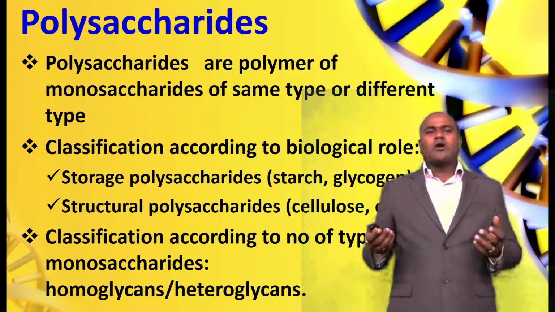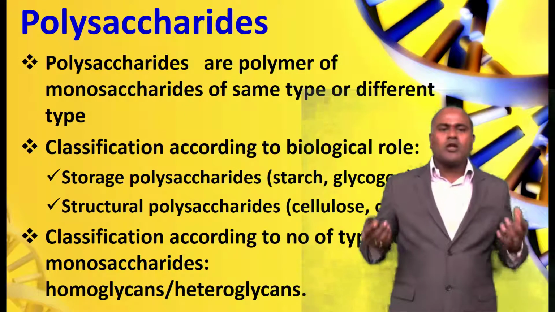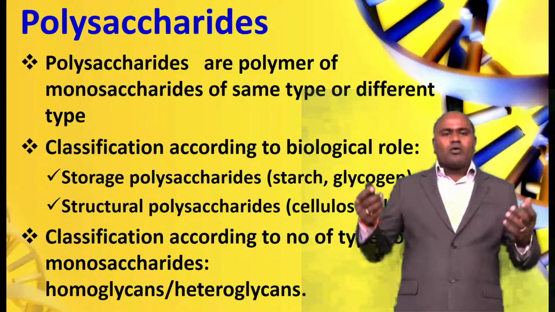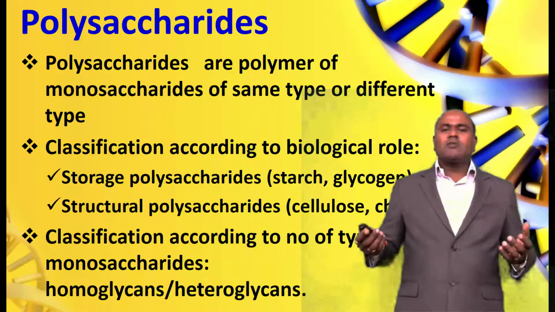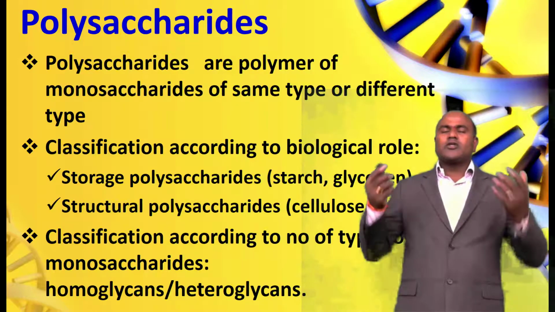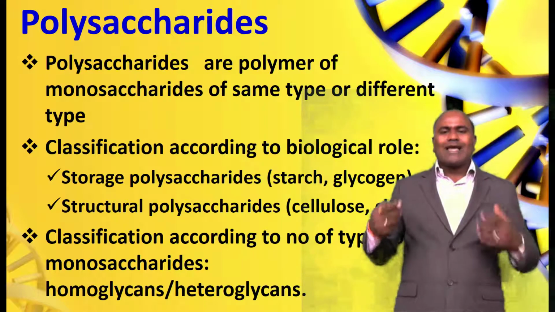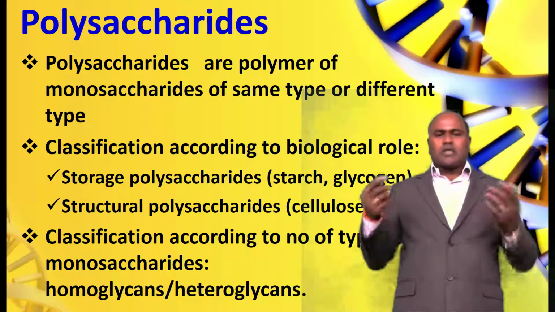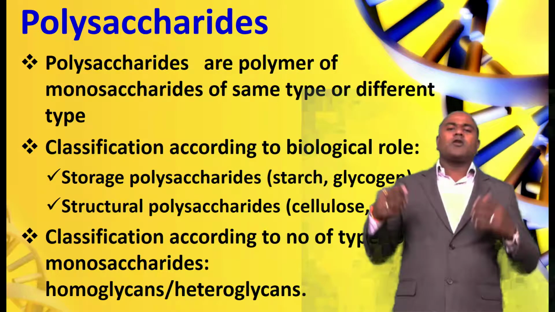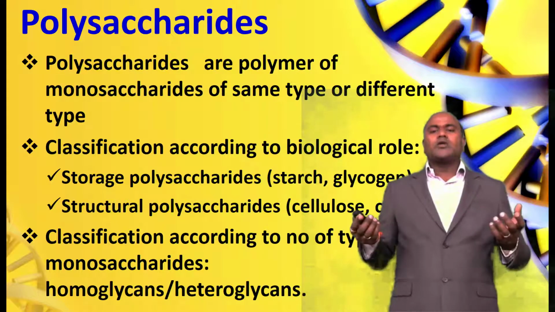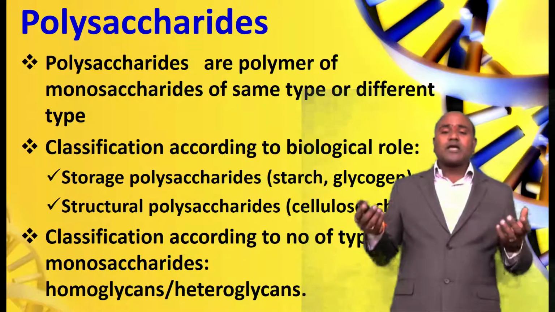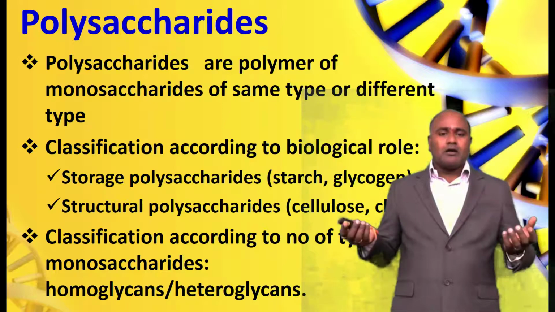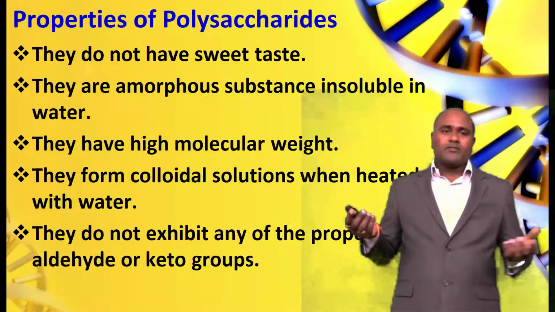The classification of polysaccharides depends on their biological role: storage polysaccharides and structural polysaccharides. Storage polysaccharides are, for example, starch and glycogen, whereas structural polysaccharides are cellulose and chitin. By monosaccharide types, they are classified as homoglycans and heteroglycans.